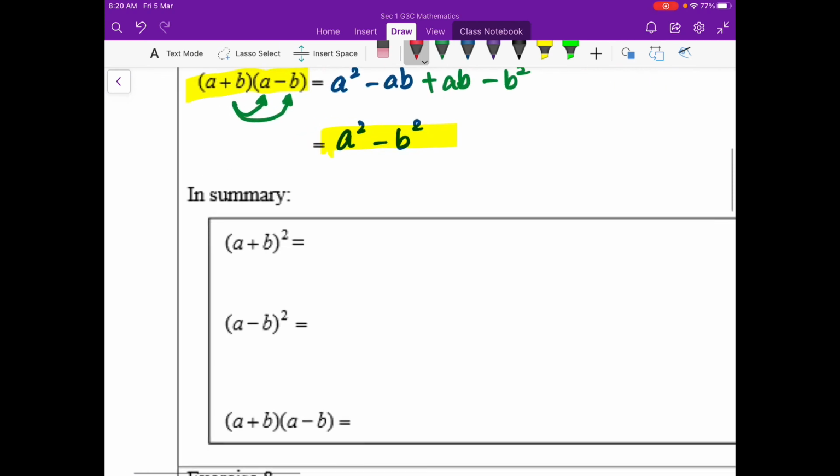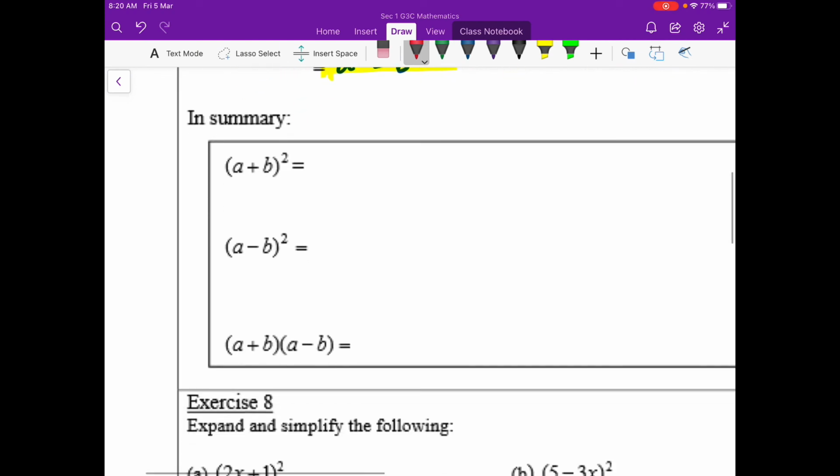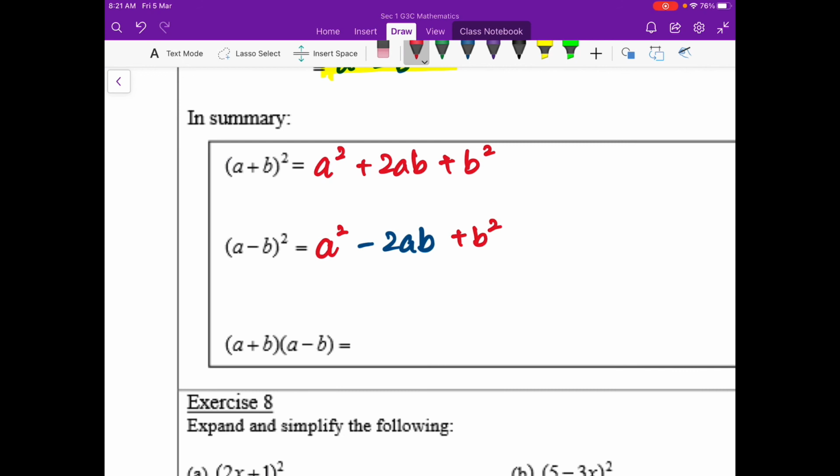So here is our summary. A plus B squared. Okay, so let's write it together. A squared plus 2AB plus B squared. Memorize it. A minus B squared. That is the same A squared. But now it is minus 2AB, and the final term is still the same, plus B squared. Okay, let me change the color over here.